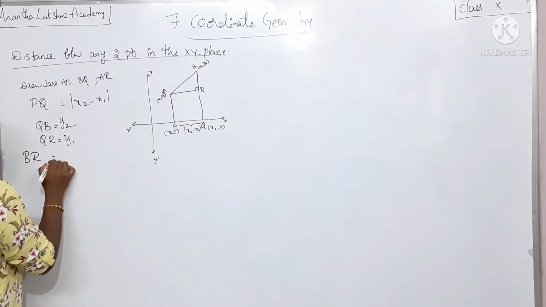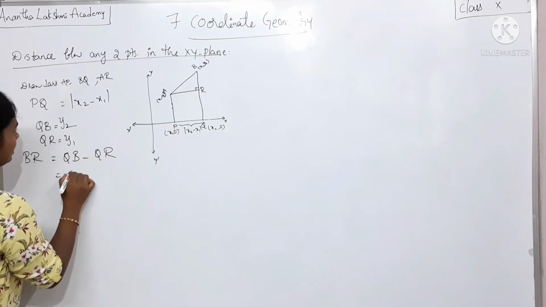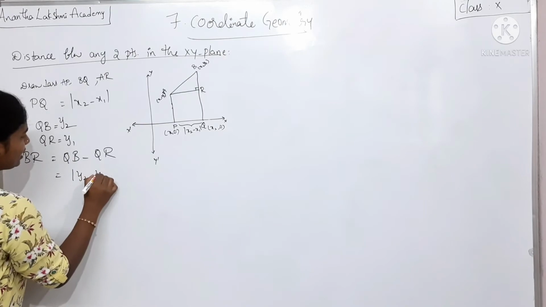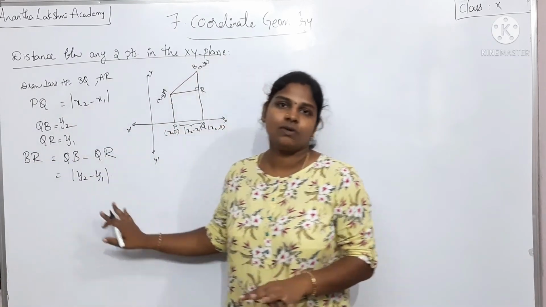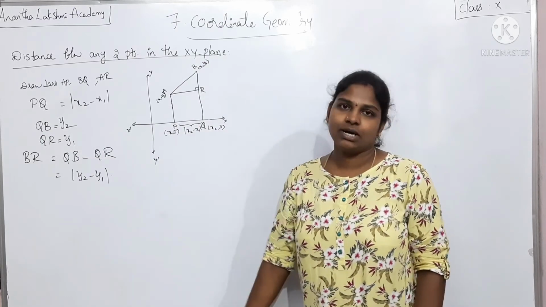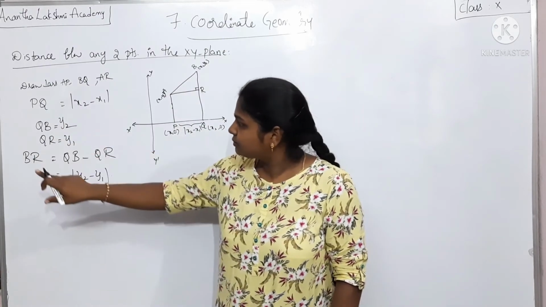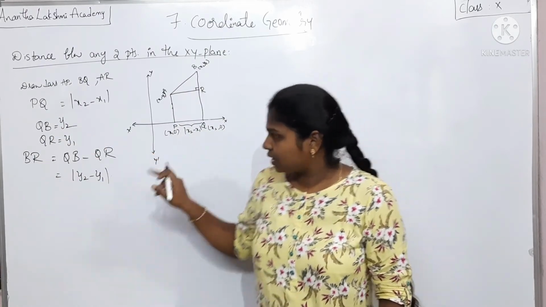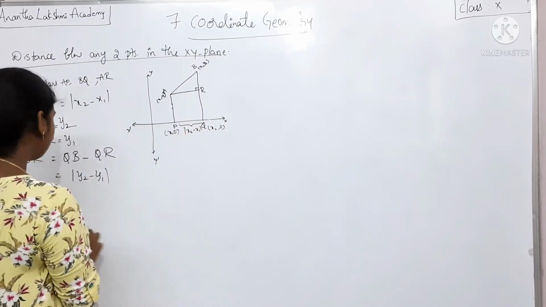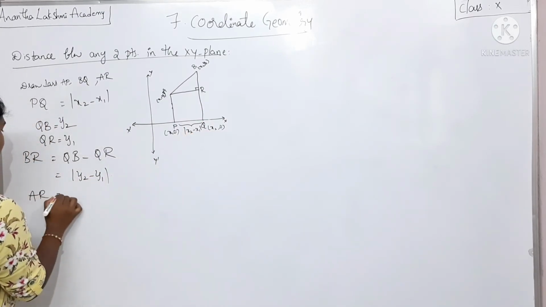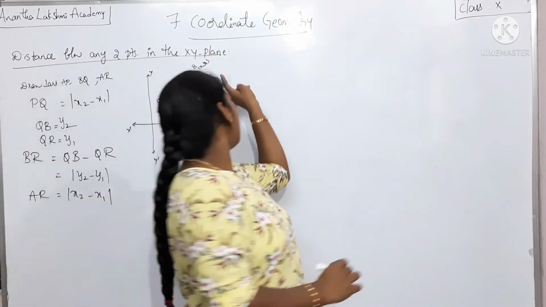BR is equal to QB minus QR, nothing but modulus of y2 minus y1. How does the mod come into the picture? Because distances are always positive. That's the reason I took mod. Now, AR is parallel to this, right? So AR is going to be modulus of x2 minus x1. We have AR and BR.